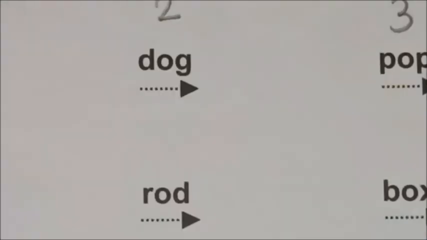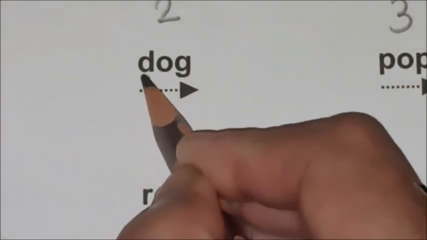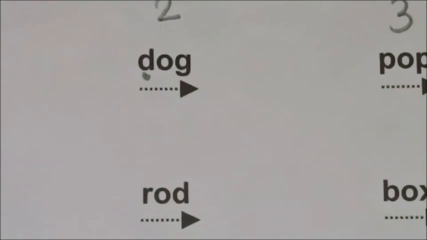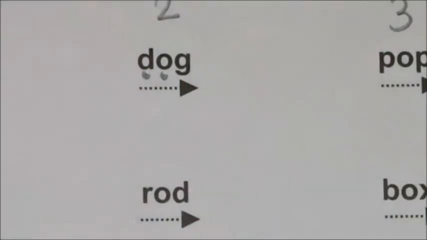Log. Bow, bow, bow. Which animal barks, children? Dog. What is the first sound? Da da da da da. One dot for da. One dot for o.